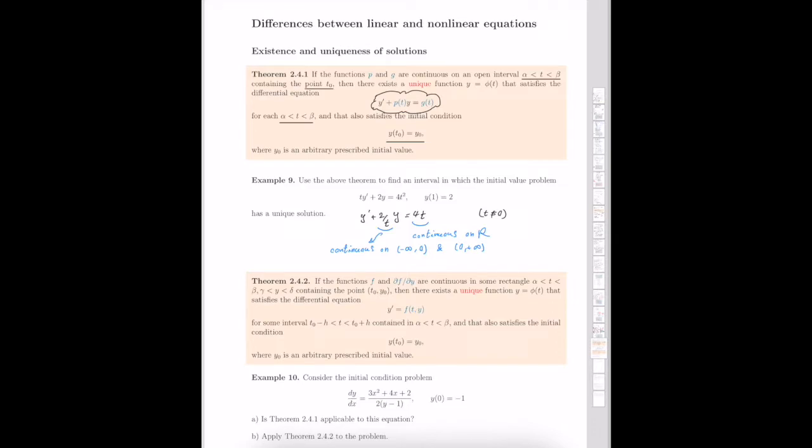Now, the initial condition here, this is for t greater than 0, right? So that means this is really what we should look for. It tells me that for t equal to 1, y should be equal to 2, and therefore t should belong to this interval. So therefore, this is really the interval I should be looking for.